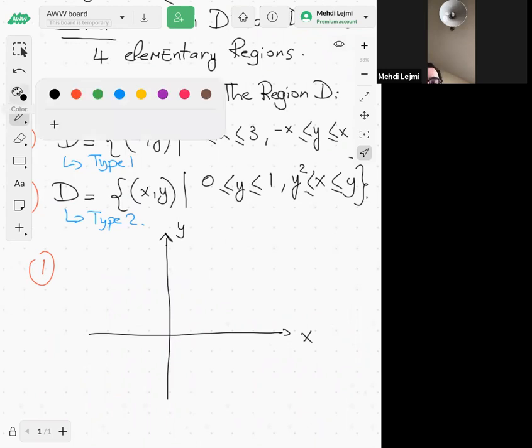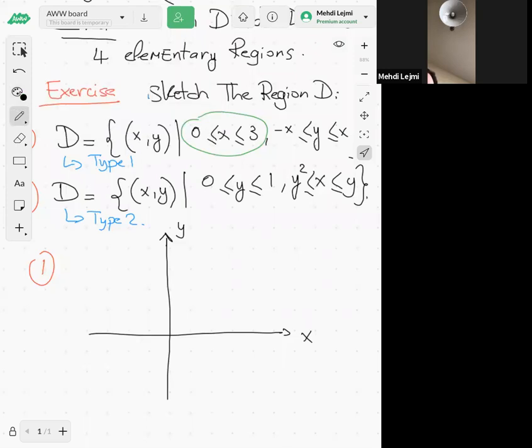First, x is between 0 and 3, so I'm going to need 0, 1, 2, and 3 here. When you say x is between 0 and 3, it means that x is between the graphs of the functions x equal to 0 and x equal to 3.